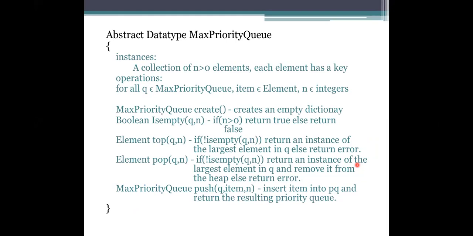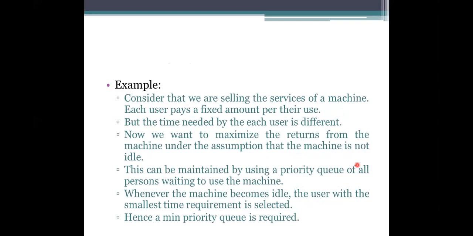There is isEmpty, then the element at the top, then removing an element, then the maximum priority element to be pushed, and the minimum priority queue is also specified. That is the ADT. Coming to insertion, likewise, which priority element we are using will decide the processing of the priority queue.